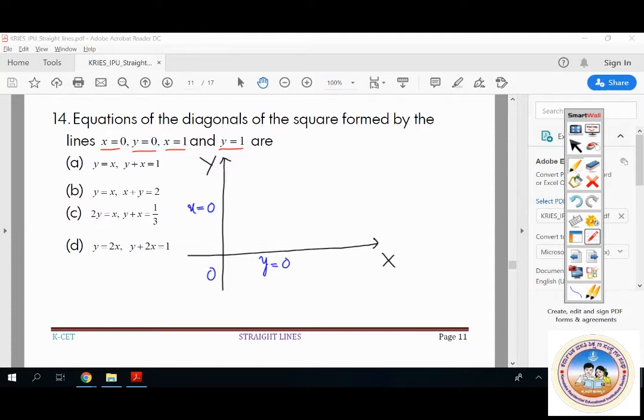There is an origin and there are two more lines here, x is equal to 1 and y equal to 1. x equal to 1 is going to be a line that is parallel to y axis. ಹೀಗಿರುತ್ತೆ. ಹಾಗೆ so y is equal to 1, it is a line that is parallel to x axis. It may be somewhere here like this. ಅರ್ಥ ಆಯ್ತಾ? ಹೀಗೆ ಬರ್ತಾ ಇದೆ.